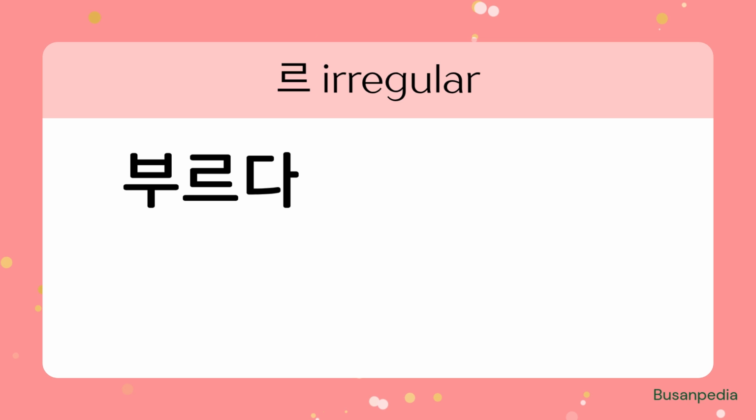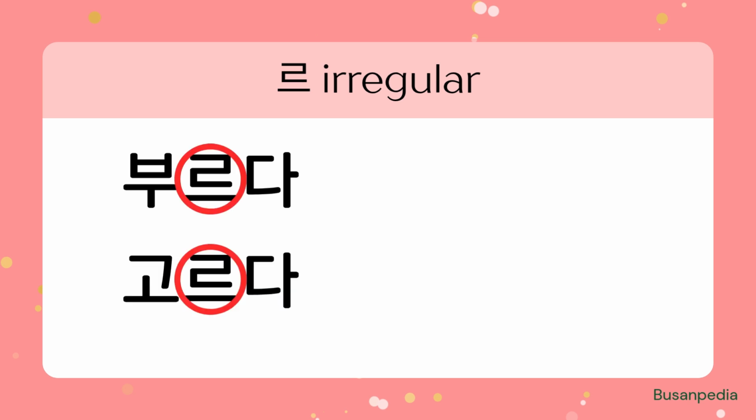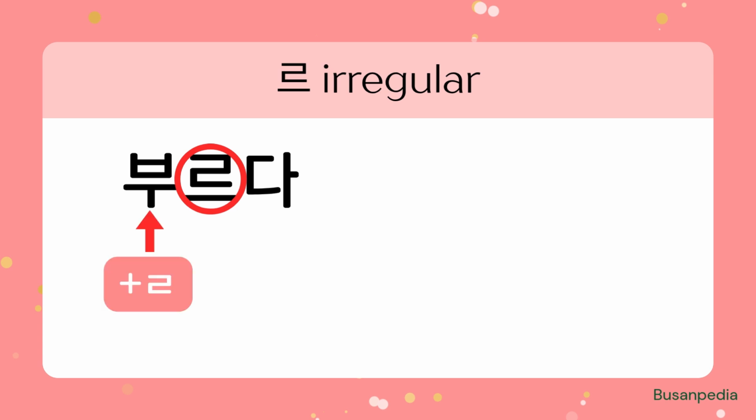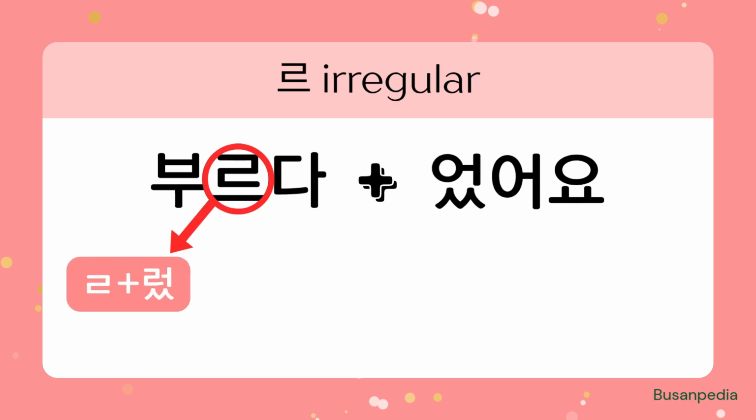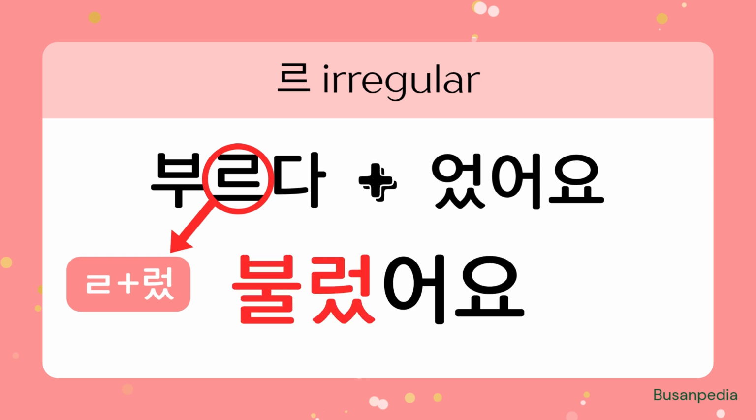When a verb or adjective stem ends with 르, like 부르다 or 고르다, first you add ㄹ to the syllable before 르. Then 르 changes to 라 or 러, depending on whether you are adding 아요 or 어요. So for example, 부르다 becomes 불렀어요.